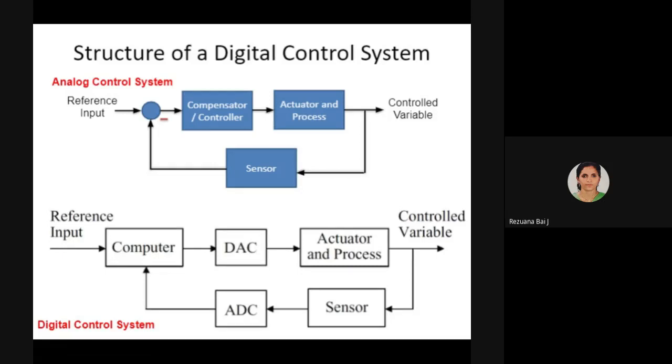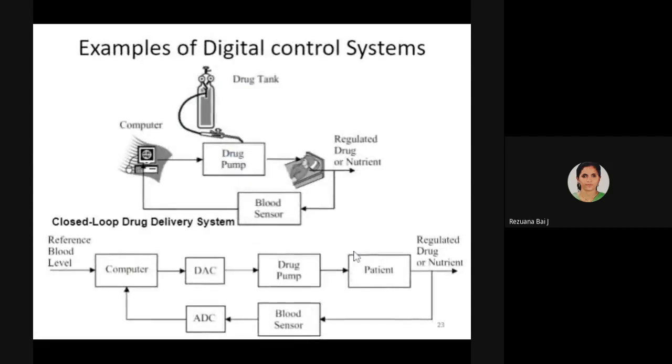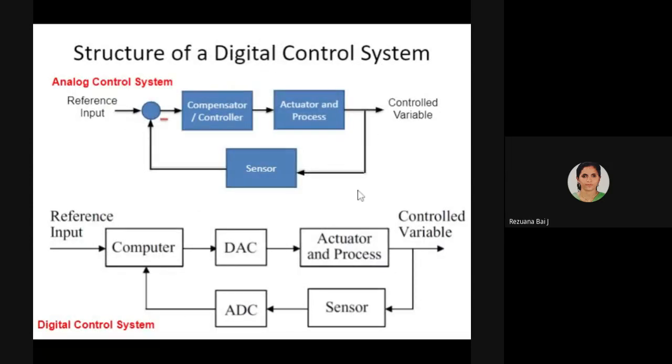So what happens? The controller output and the process variable do not speak the same language, so there is a need for translation. The computer recognizes only machine codes, whereas the plant, actuator and process recognize only real time values, that is, only analog values.